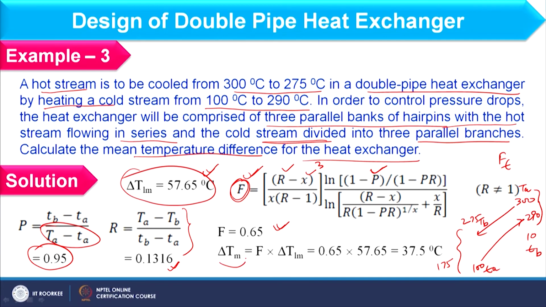So, you can simply calculate log mean temperature difference by multiplication of FT correction factor and LMTD for counter current flow. This we basically call the true LMTD or true mean temperature difference. So, 0.65 will be multiplied by 57.65 and true LMTD or true mean temperature difference we can find out as 37.5.